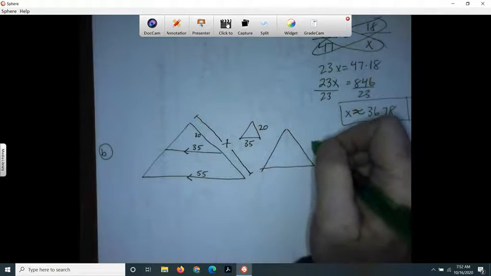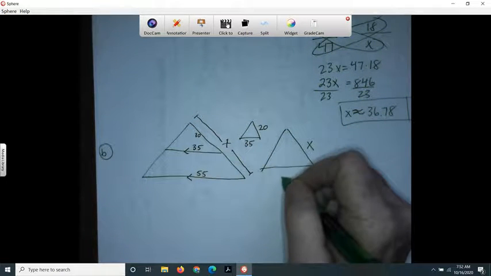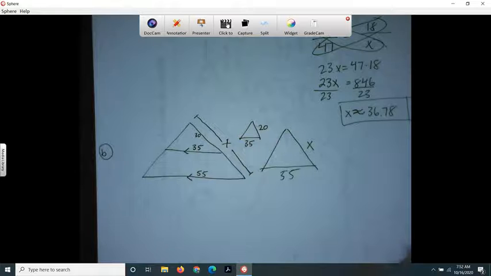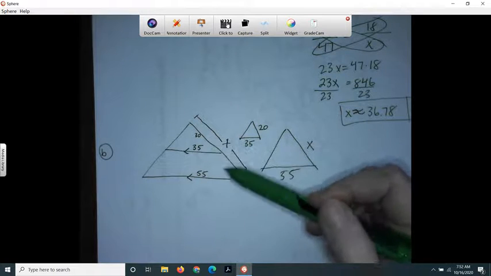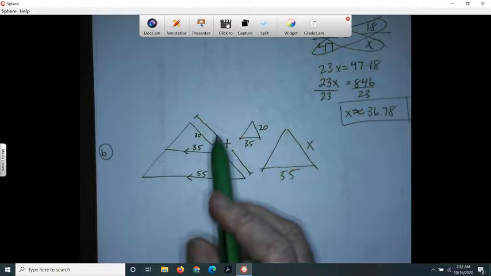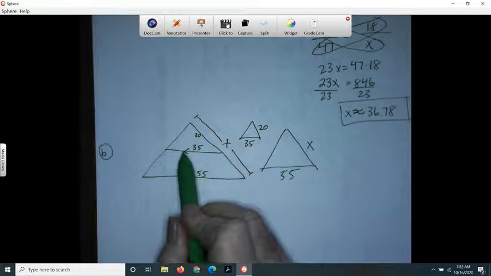And why am I saying that these two triangles are similar? Well, these little arrows tell me that we have parallel lines right here.